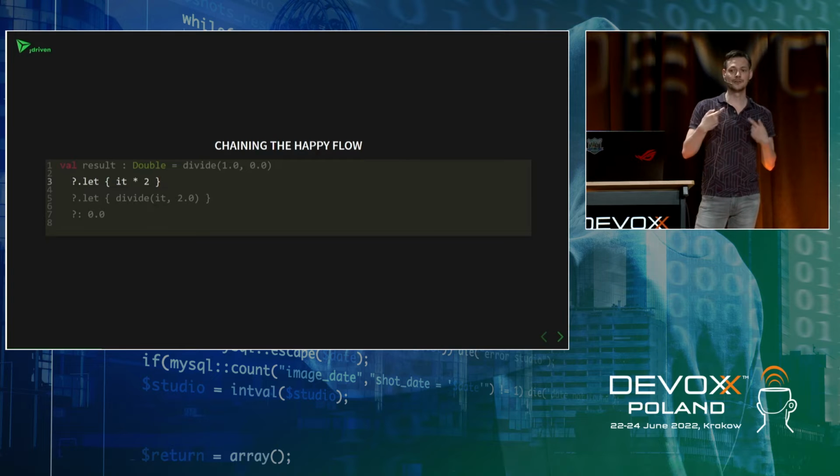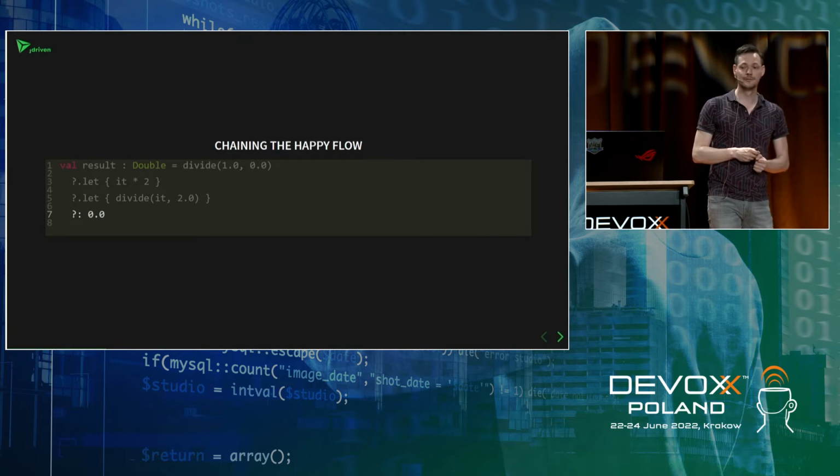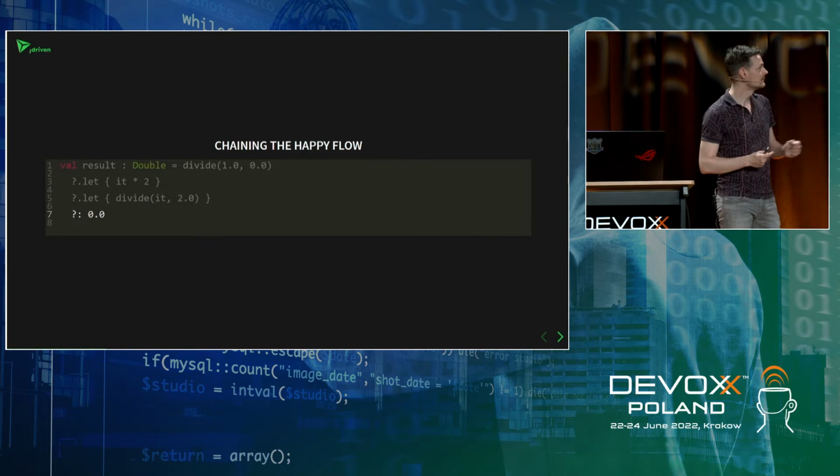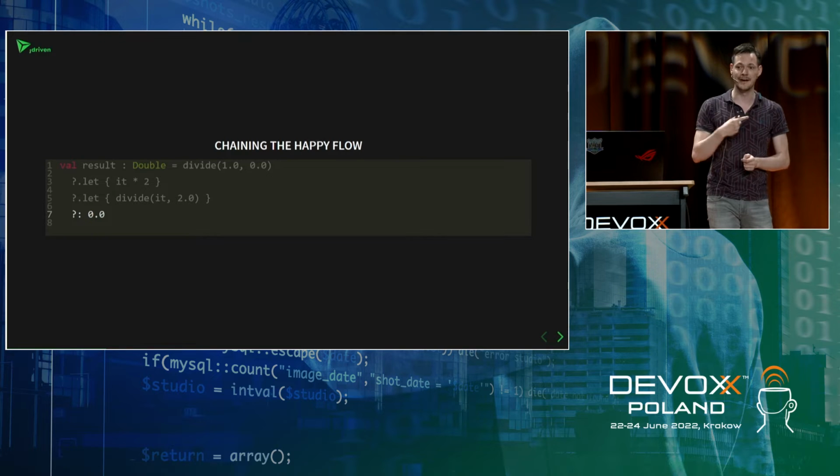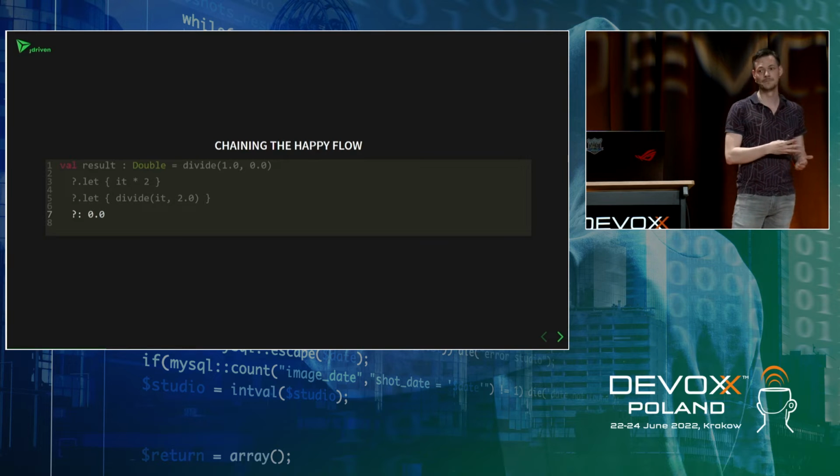And that lets us chain through a happy path, only executing the function if the previous result was non-null, if the previous result was correct. And only at the very end, we can use the Elvis operator, that's the question marks, the hair and the eyes and such, to give a default value in case the previous statement returns null. So now, out of this divide, either comes the correct answer or 0.0.